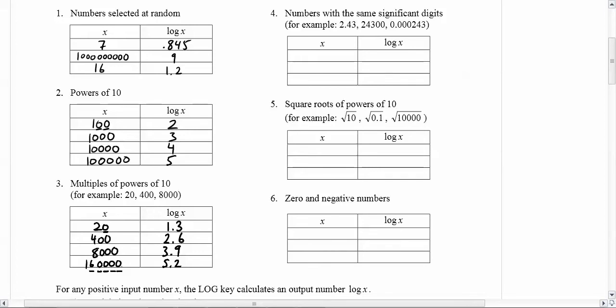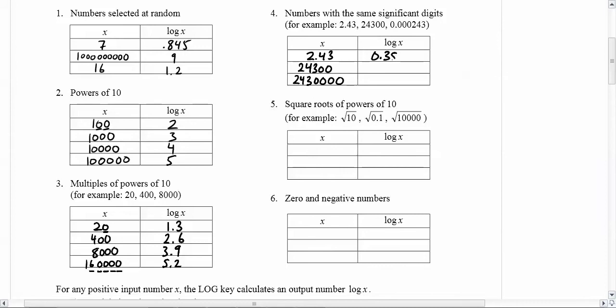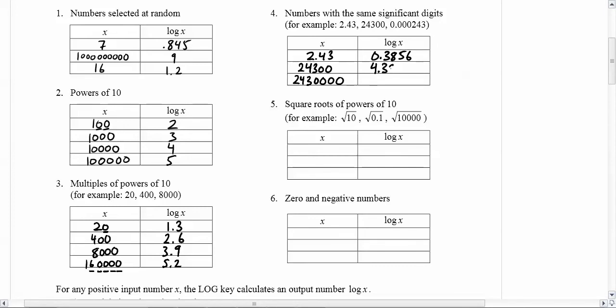Well, let's see, if we take some numbers that have the same number of significant digits. All these numbers start with 2, 4, 3. Log of 2.43 is 0.385. If we multiply that number and move the decimal place over 4 places, then the log becomes 4 numbers bigger.